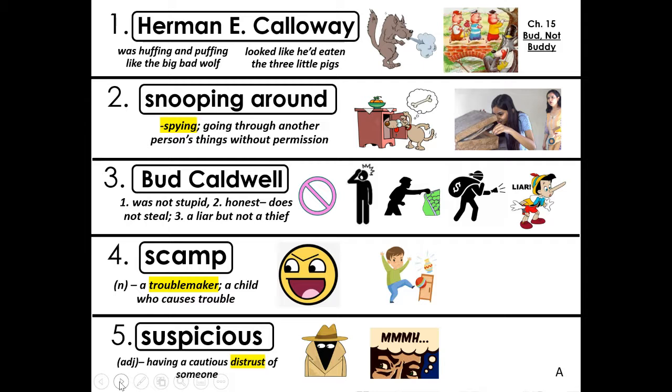And for Herman E. Calloway, I want you to tell me one way he was described, and Bud, how he described himself. And then in the third column, you can draw a quick picture or sketch. So push pause, make sure you have all five words and phrases, a synonym in the second column, and a quick picture or sketch in the third. When you're finished with that, you can push play.